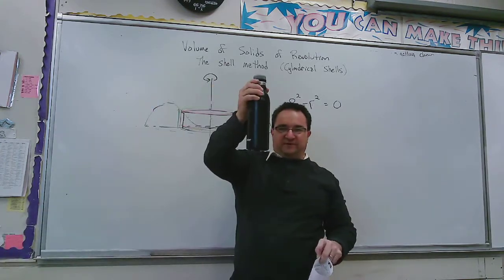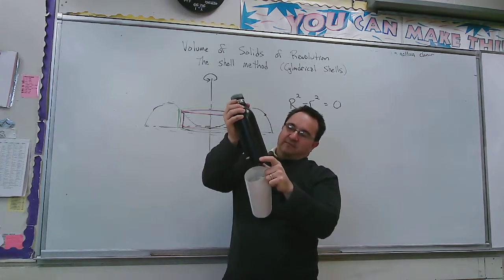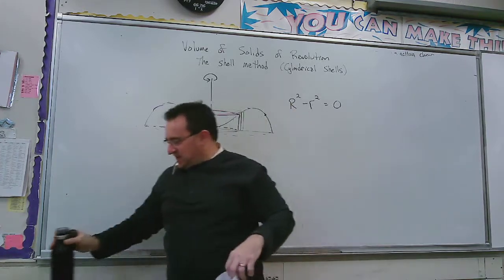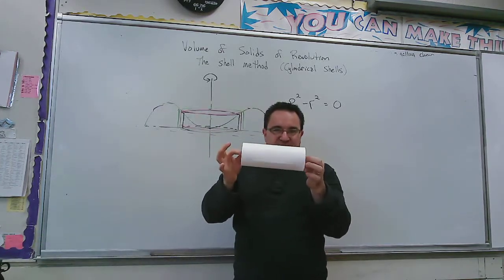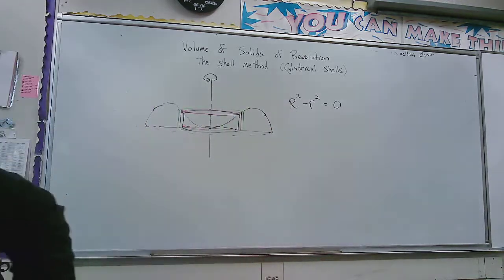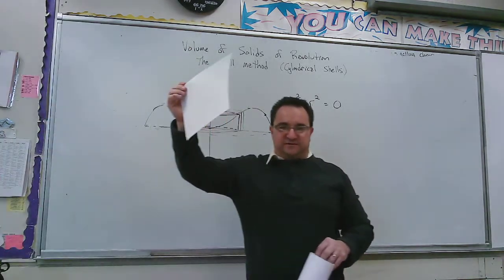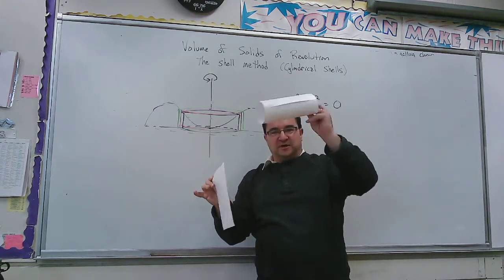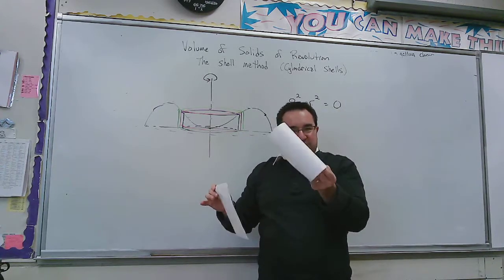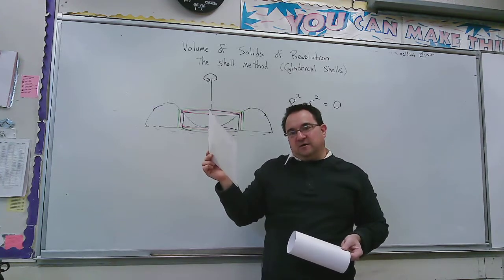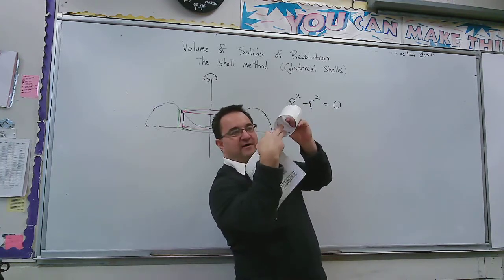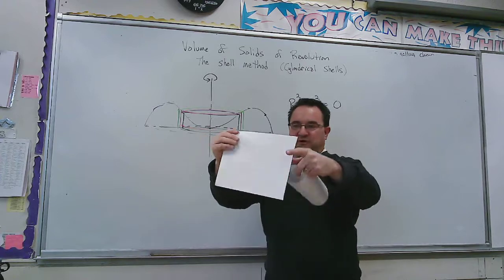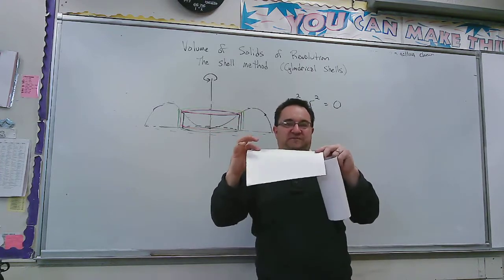The volume of this cylinder would be it and all the space inside. The volume of this shell is literally just the volume of this piece of paper. That's what it is, a piece of paper taped, right? So it does have a certain volume, but I'm not talking about all the volume inside of here. I'm talking about just the volume of this sheet of paper.